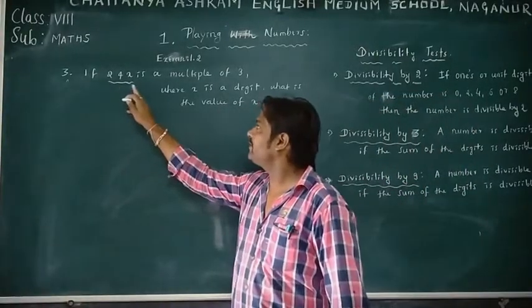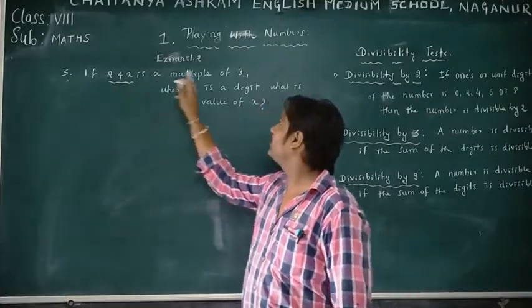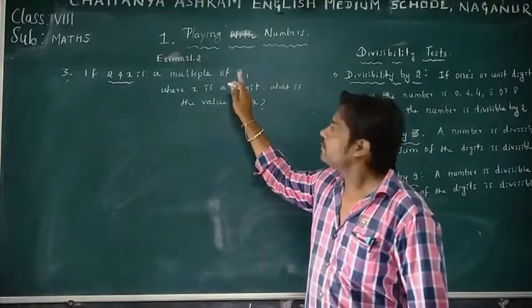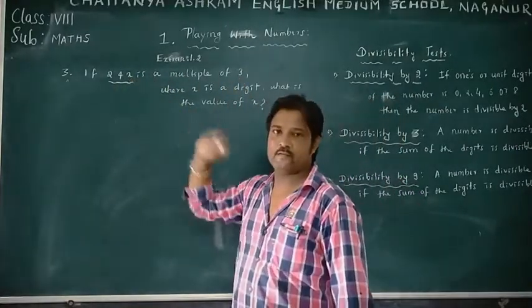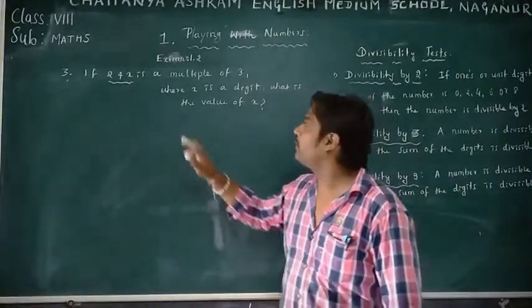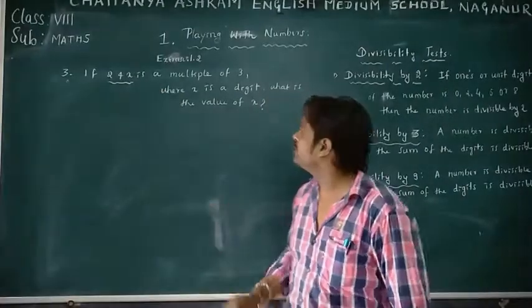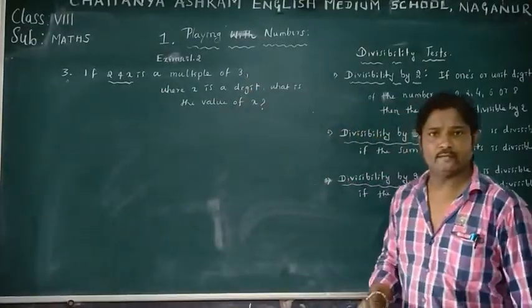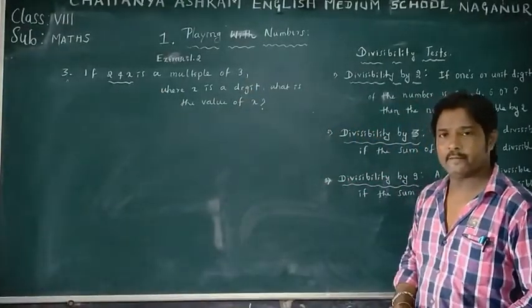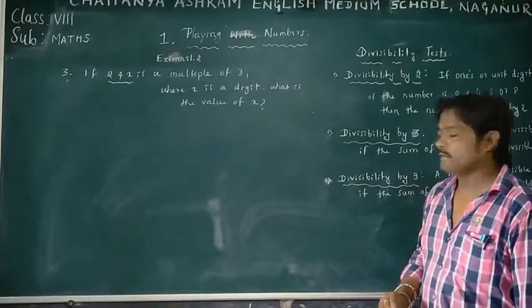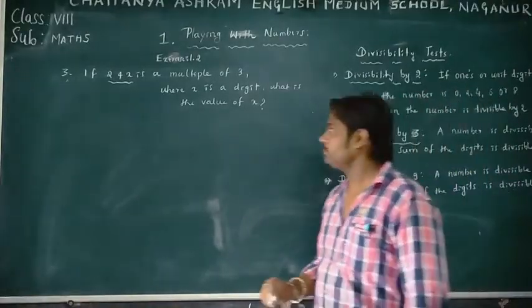If this 3-digit number is a multiple of 3, then what are the values of x? Or for what values of x is this 3-digit number divisible by 3? Alternatively, observe here, students.